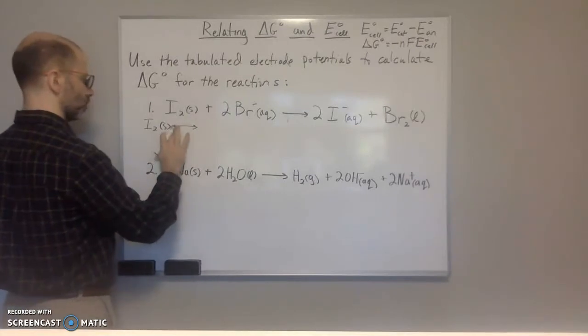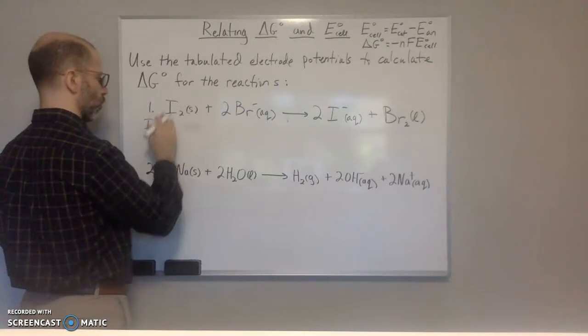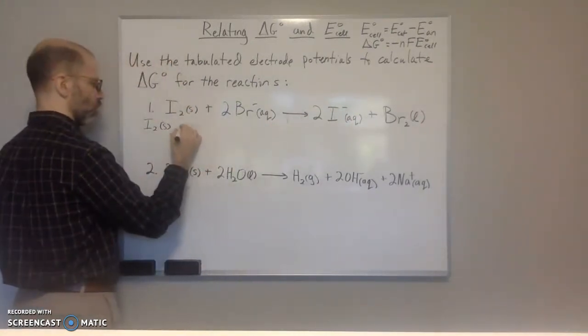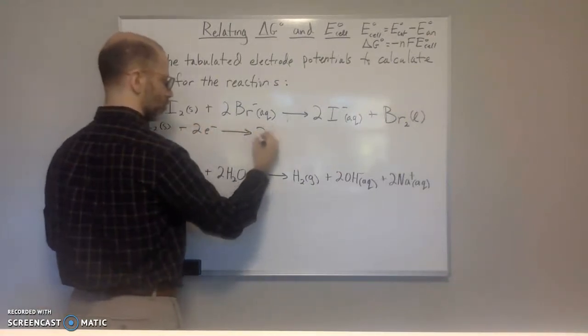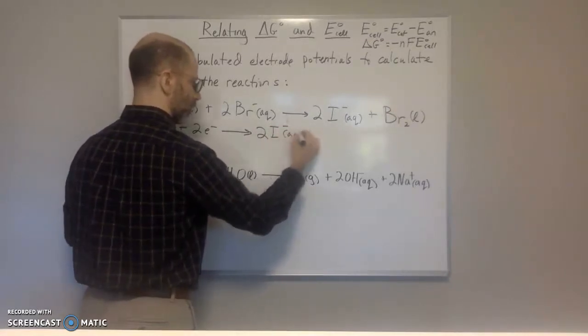This is going to be gaining electrons, so we're going from 0 oxidation state to -1. We're going to add 2 electrons, and that's going to go to 2I minus aqueous.